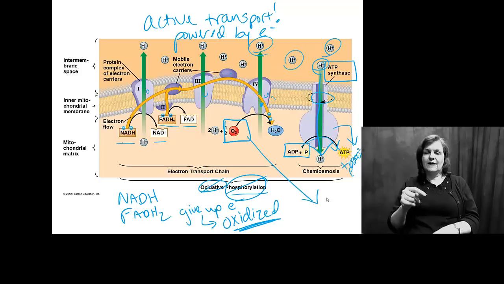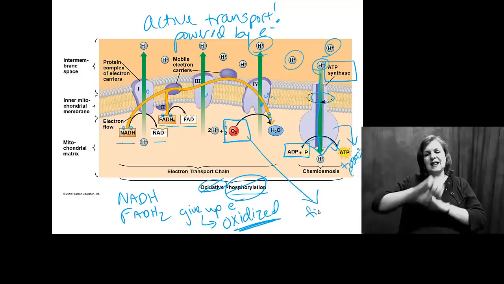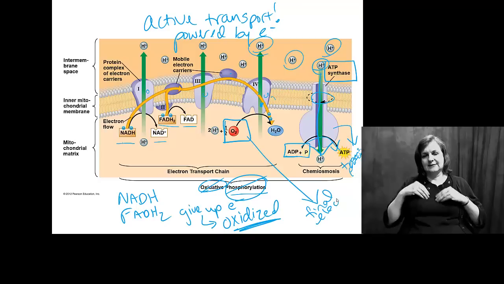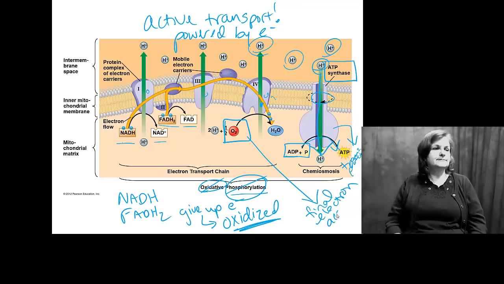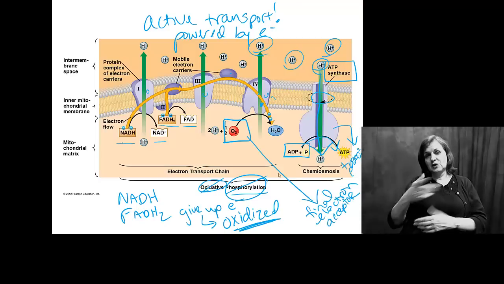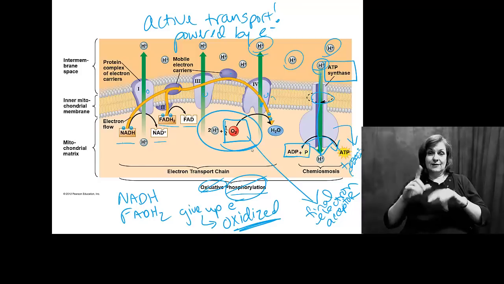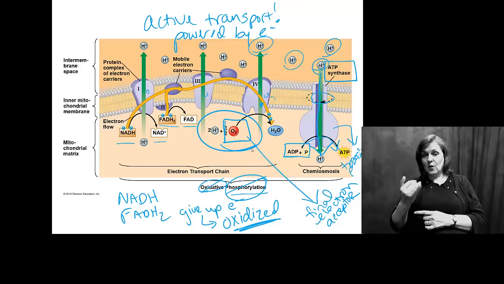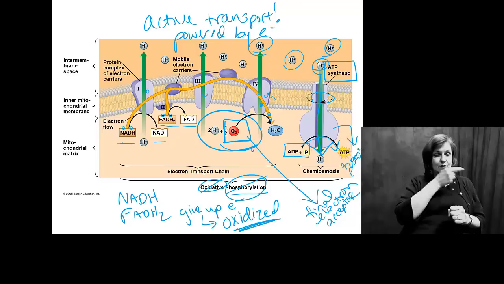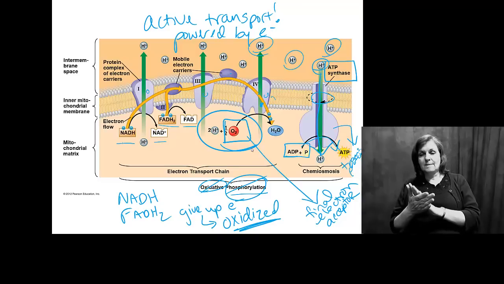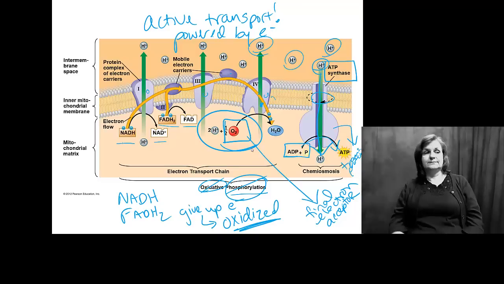Oxygen is what we refer to in cell respiration as the final electron acceptor. This step right here, folks, is why you breathe in oxygen. Every one of your cells is dependent on it for the efficient conversion of glucose into stored ATP.